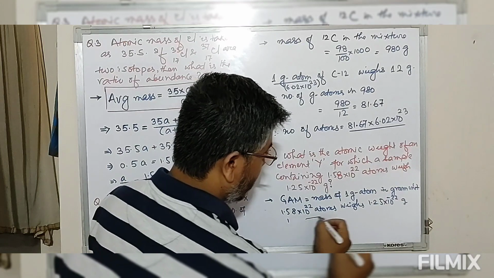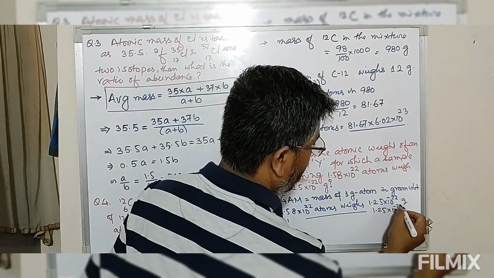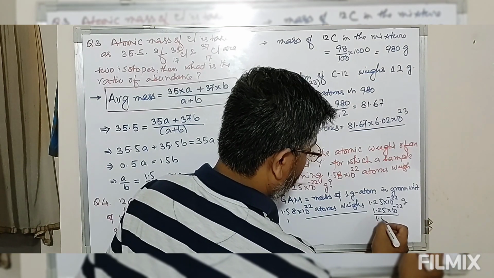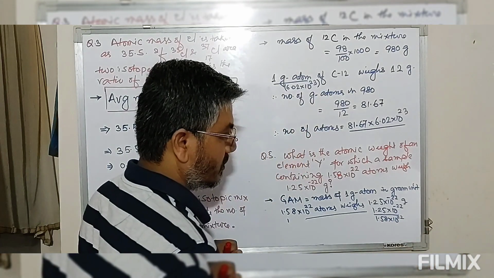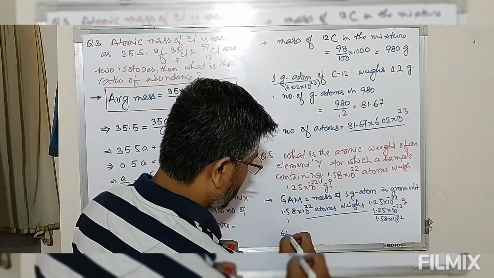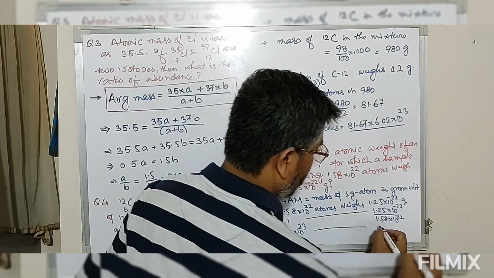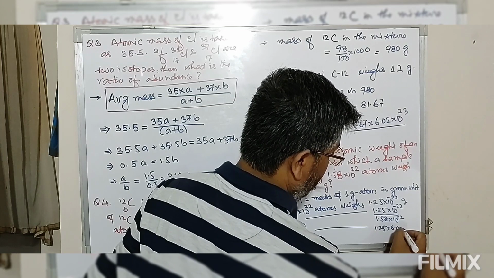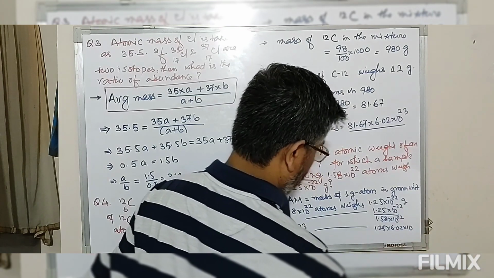Then one atom will weigh 1.25 into 10 to the power minus 22 divided by 1.58 into 10 to the power 23. If this is the mass of one atom, then the mass of 1 gram atom, 6.02 into 10 to the power 23 atoms, will weigh 1.25 into 6.02 into 10 to the power minus 22.